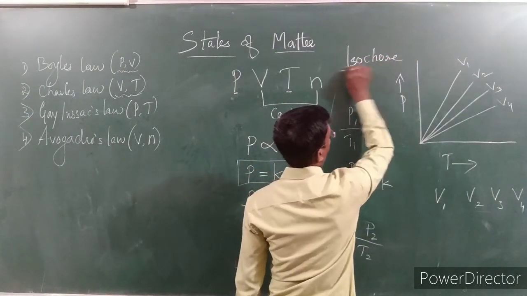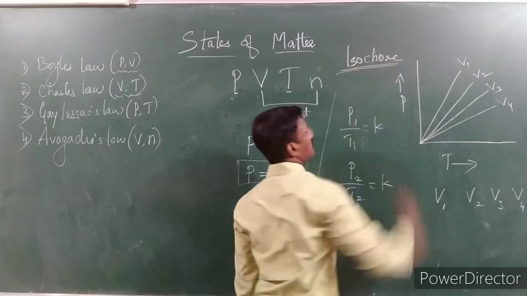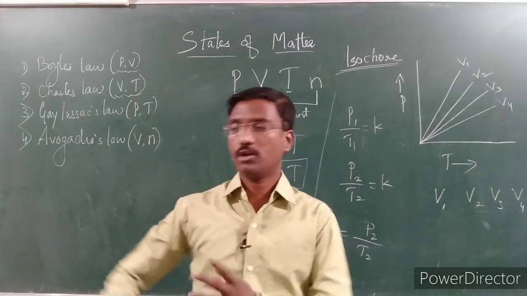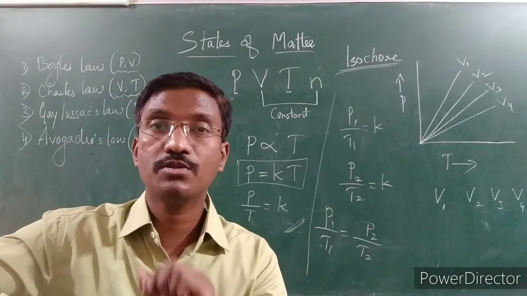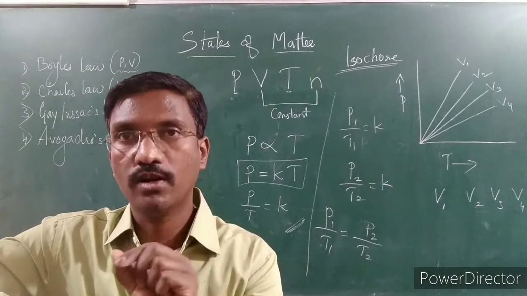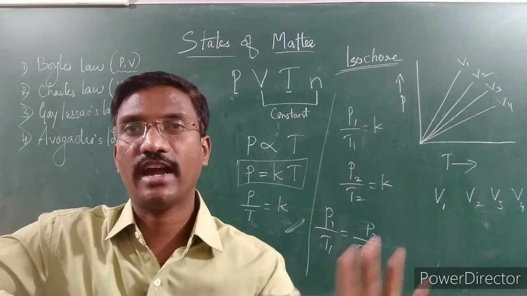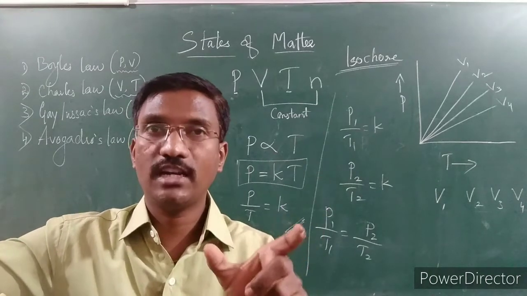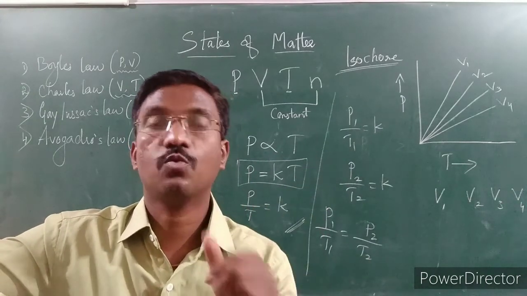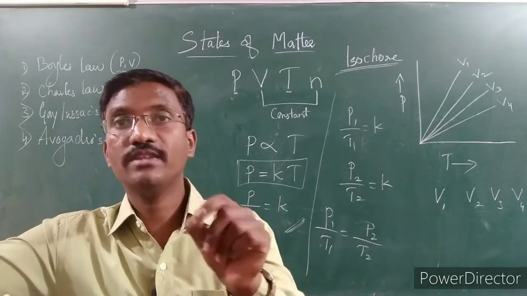C-H-O-R-E, isochore. Iso means same. Chore is not an SI term, but we are saying volume in the form of chore. We will not use this word in the future; this is the first and it will be the last. But you have to remember, wherever we write isochore, iso means constant, and the volume remains constant.